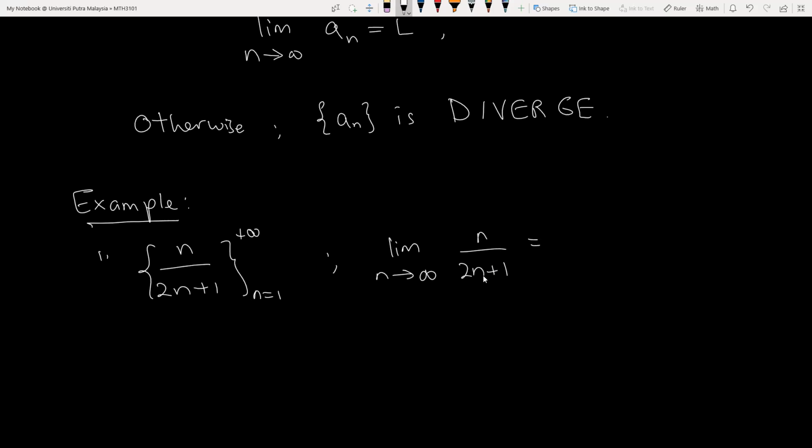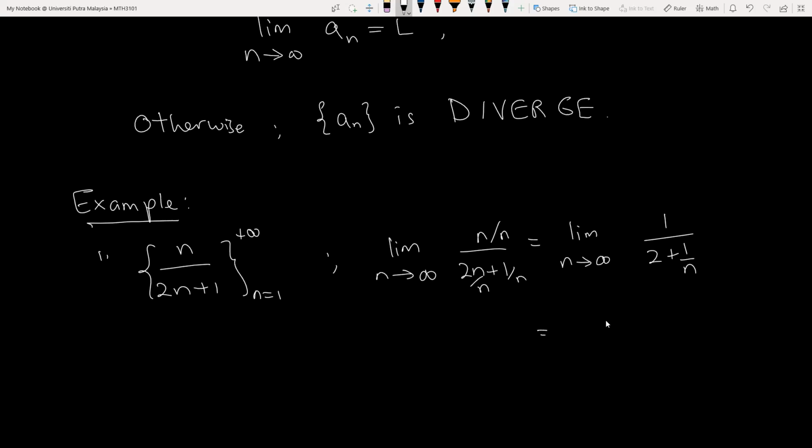Because this is a ratio, you can use the limit as n goes to positive infinity. Just divide everything by n: this is divided by n, this is divided by n, and this is also divided by n. So this will be 1 over 2 plus 1 over n. Do you see the solution?